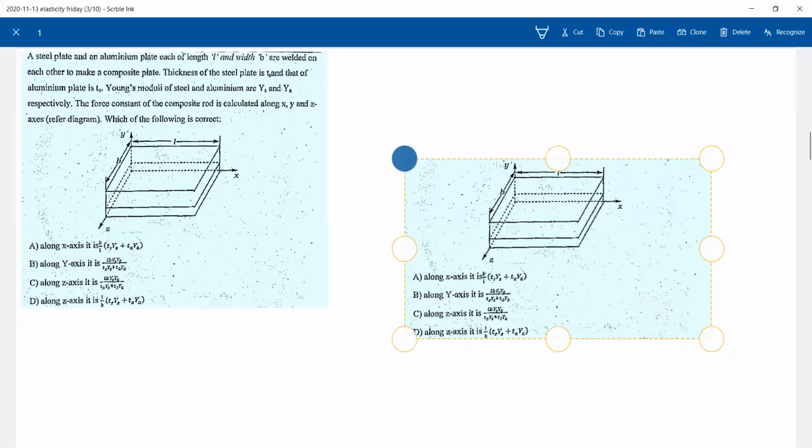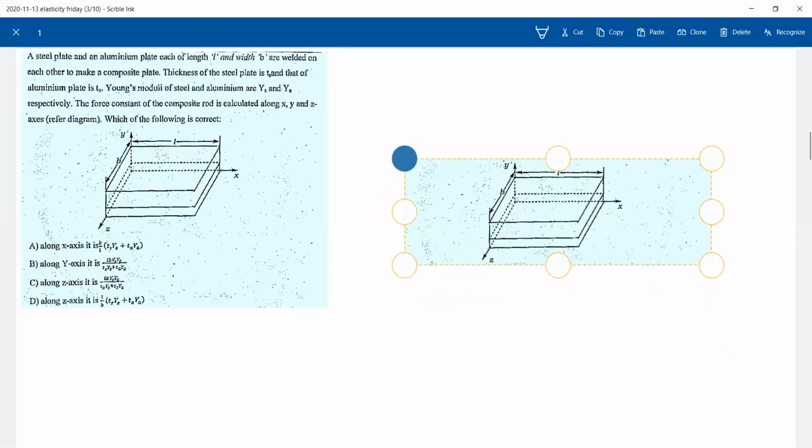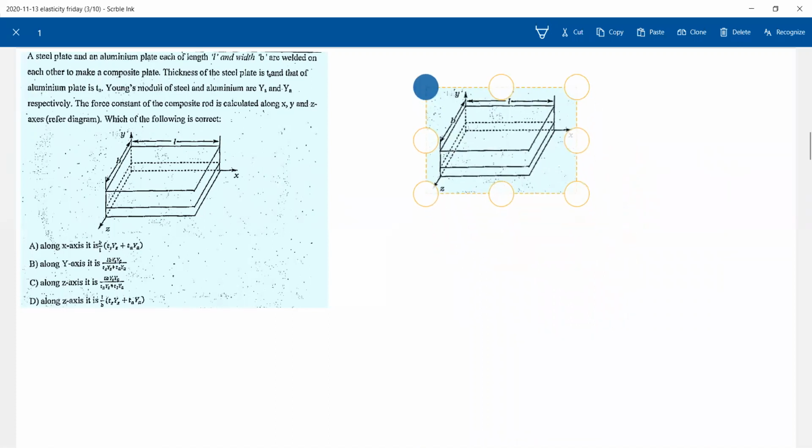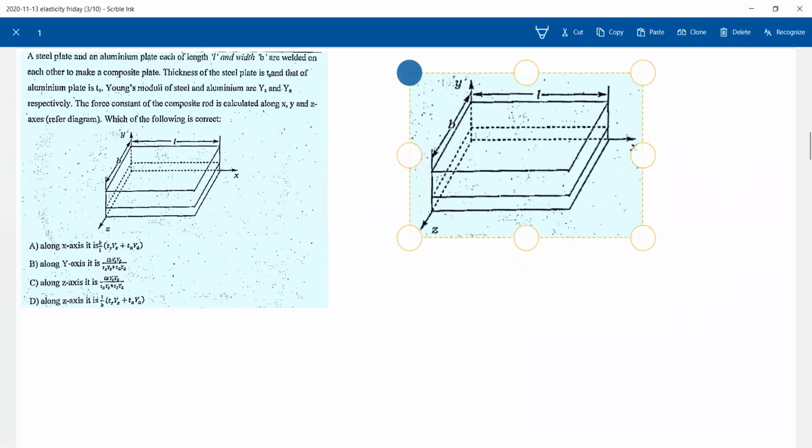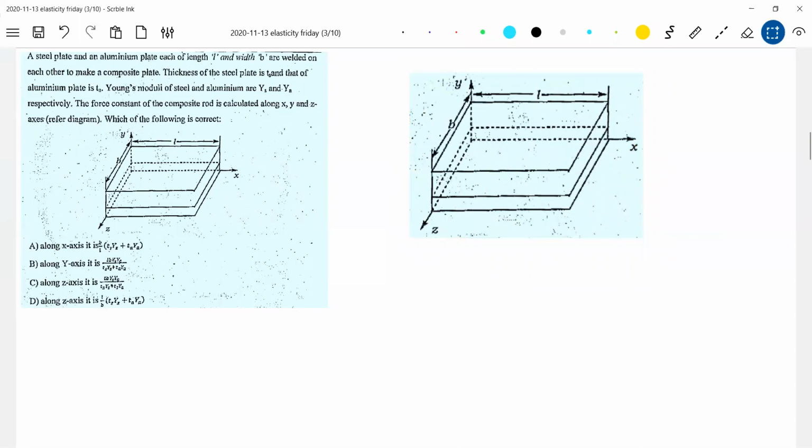At least first you read the question so that it will be easy for you. A steel plate and an aluminum plate, each of length L and width, are welded to each other to make a composite slab. Thickness of the steel plate is TS. Okay, there are two plates, no? So let me shade it.